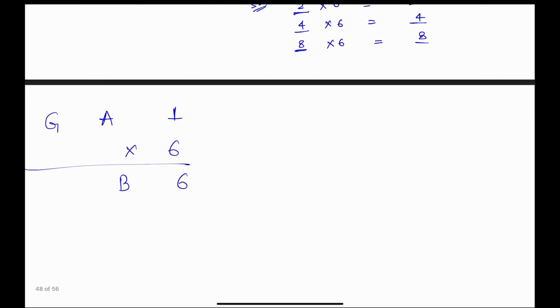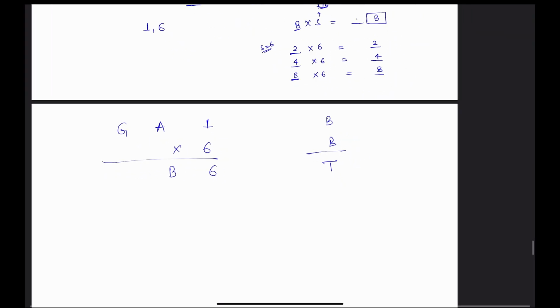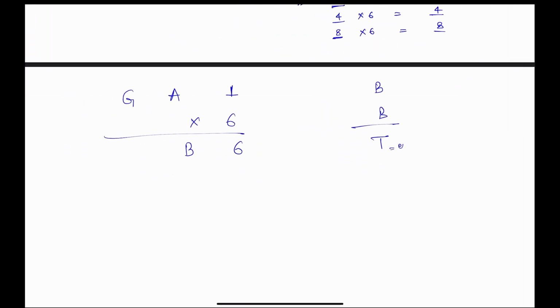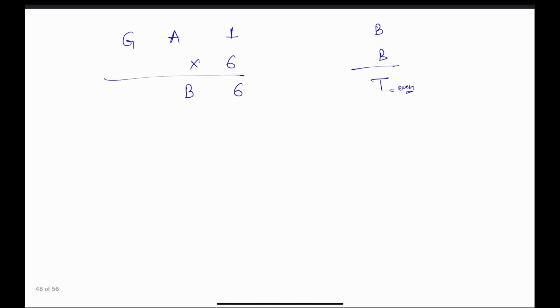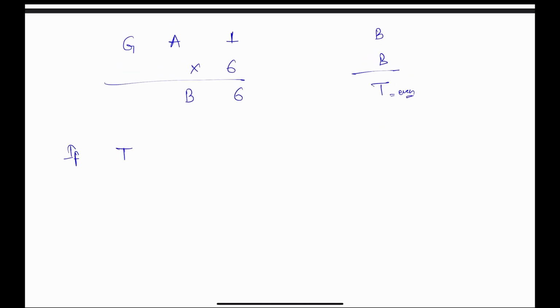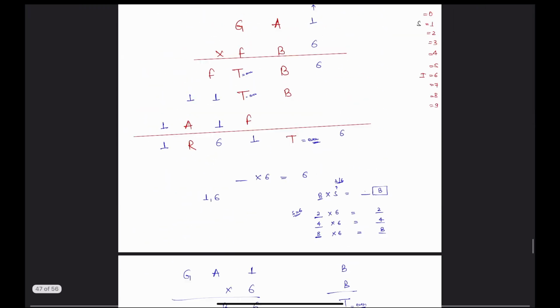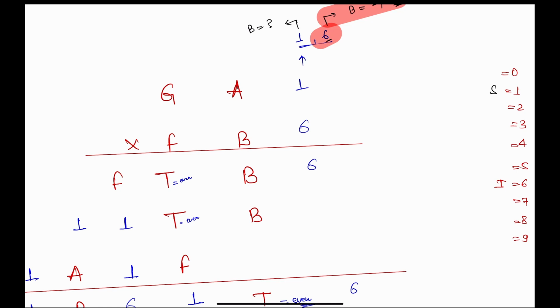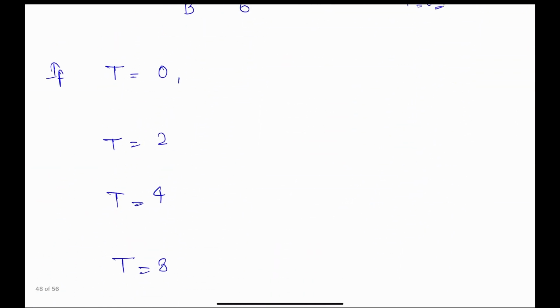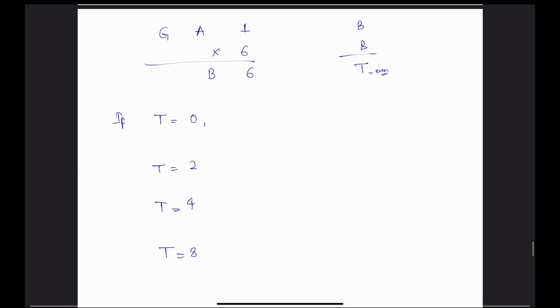So if B plus B is T, I can say that T is even. So if T is even, T can be 0, T can be 2, T can be 4, and T can be 8. If someone asks why T cannot be 6, because I is already 6. So these 4 conditions I could think of as possible.